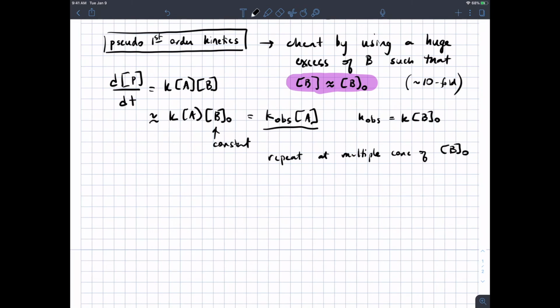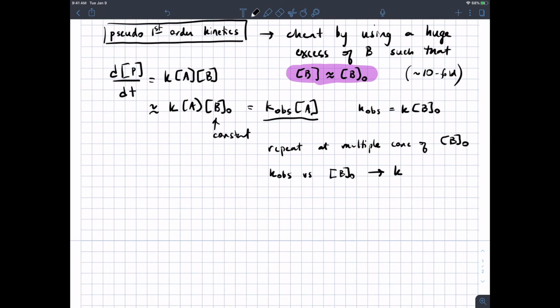And then you're going to get a k obs versus B naught set of data, and that will allow you to get at the rate constant. All right?